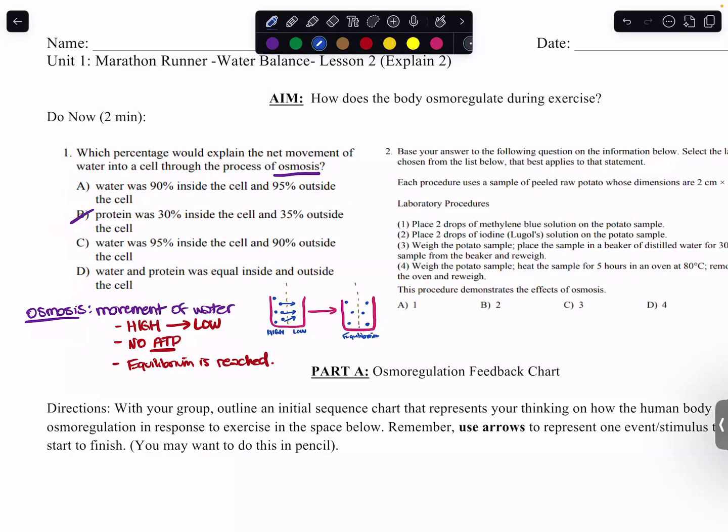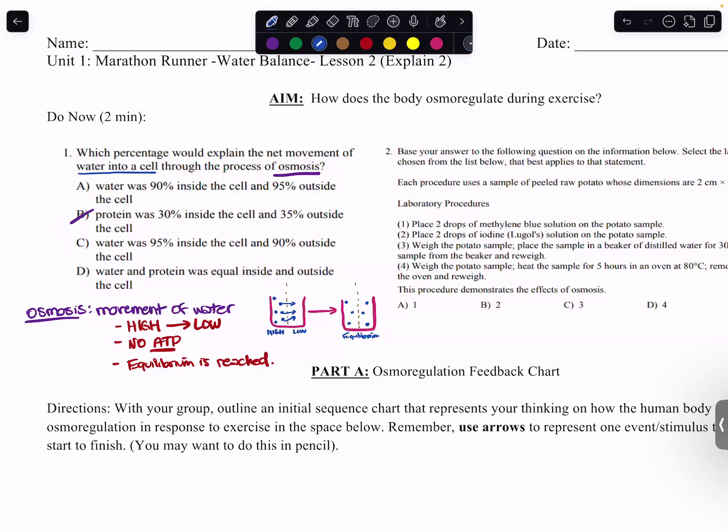So remembering that it's high to low. If I look at A, I crossed out B because it contained protein and I don't care about the movement of protein. Letter A says water was 90% inside the cell and 95% outside of the cell. But the question is asking me about water moving into the cell.